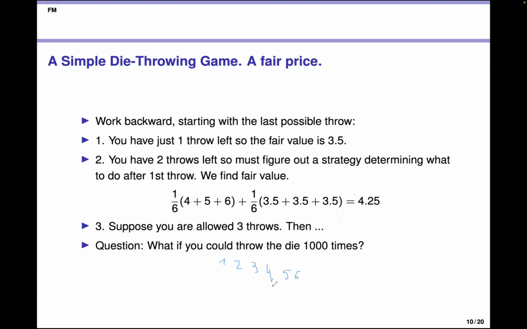And what is the algorithm this time? If 6, stop playing. 5, stop. 4, I should continue because 4 is smaller than 4.25.